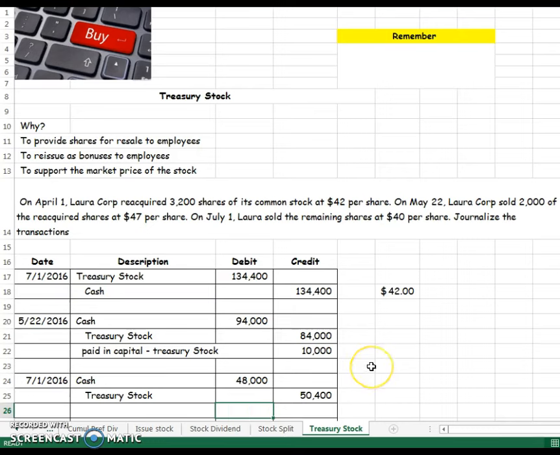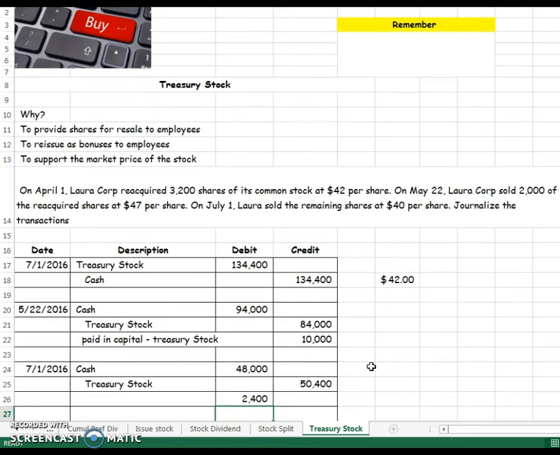So I'm going to need that entry to be a debit to balance. So it should be $2,400. I'll make sure that my debits equal $50,400 and my credits equal $50,400, and this will be called Paid in Capital Treasury Stock.